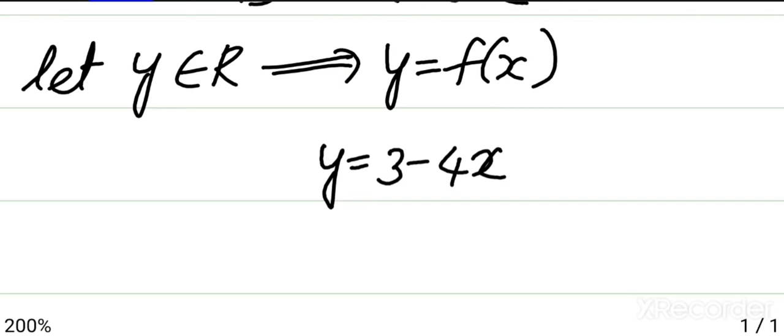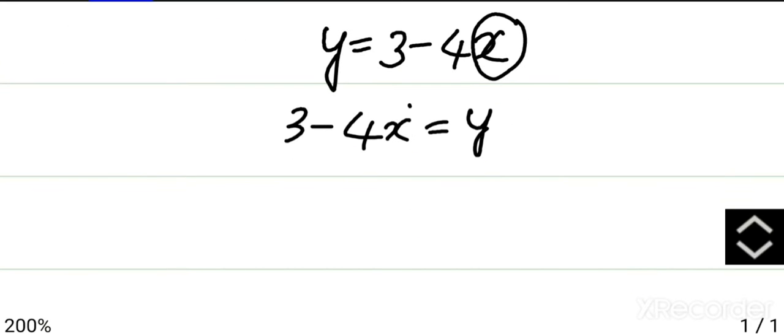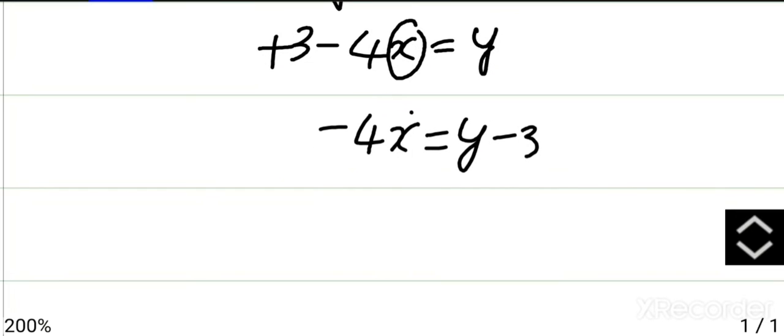To prove onto, we have to change the formula in terms of x. That is, 3 minus 4x is y. I'm just interchanging the terms LHS to RHS. Now I want the formula for x. So plus 3 goes to the other side and becomes minus 3. Then I want only x.